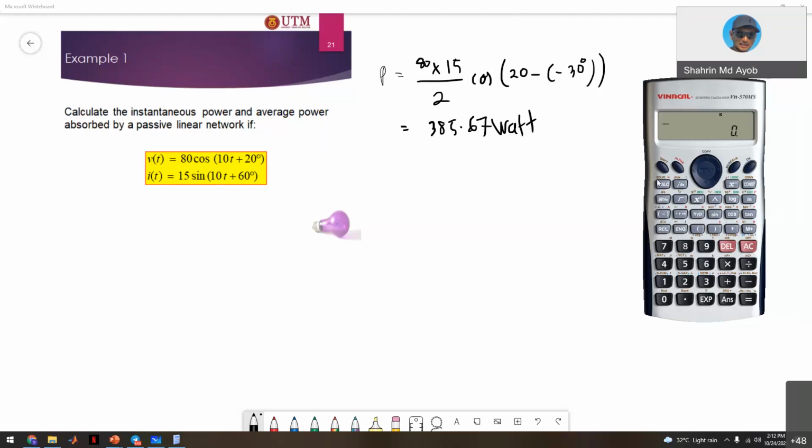And then Q. So what is your Q? Your Q is 80 multiplied with 15 over 2 sine of 20 minus 30 degrees.